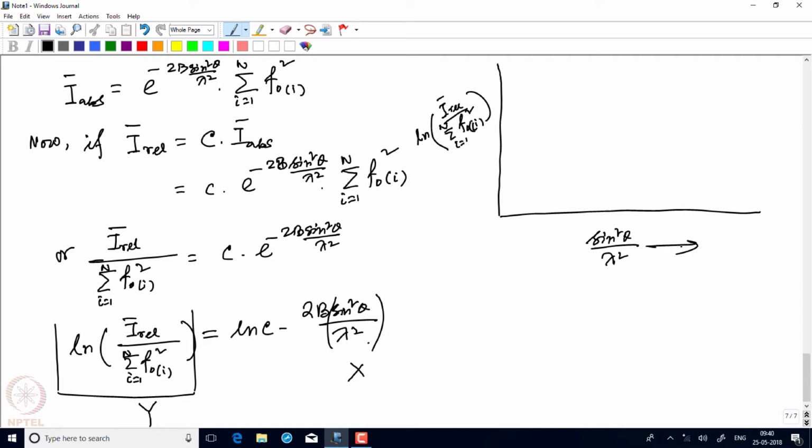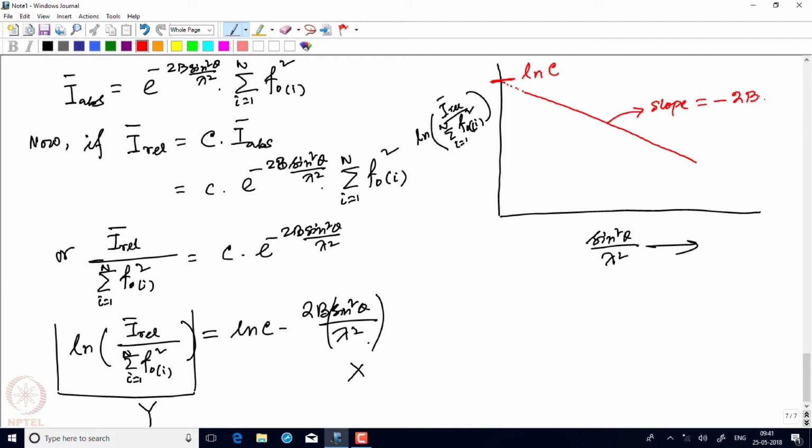So what would we get? We would get a straight line with negative slope. If we extrapolate that straight line to sine theta by lambda whole square equal to 0, that is at 0 degree angle of diffraction, this intercept would give us the value of ln C, and the slope here will be equal to minus 2b.